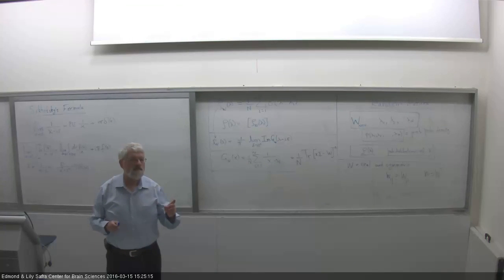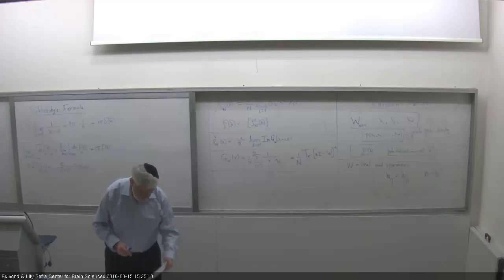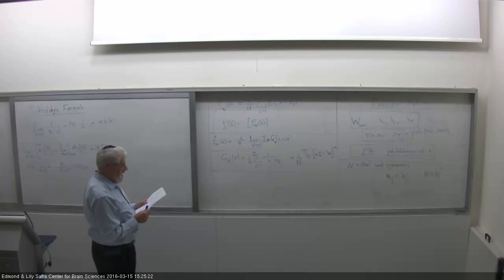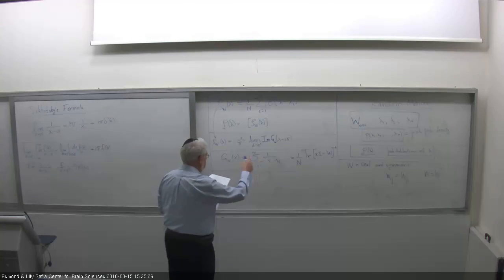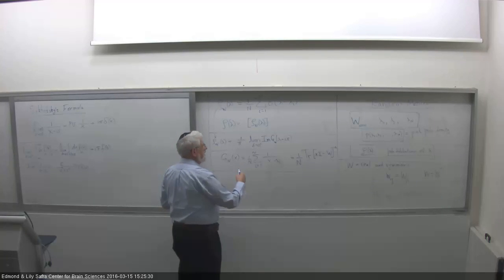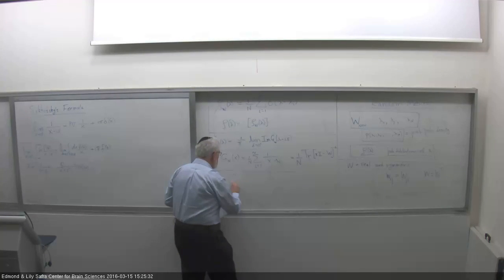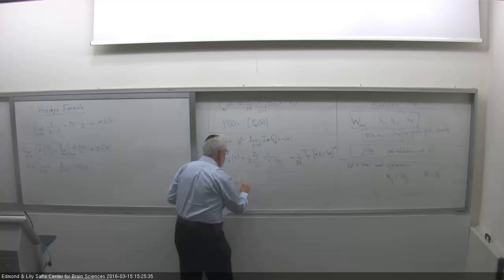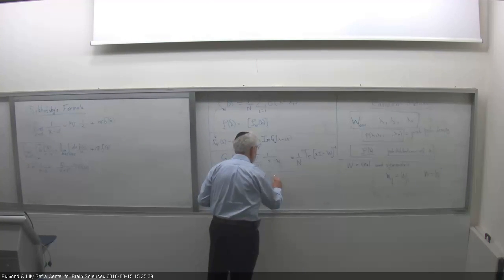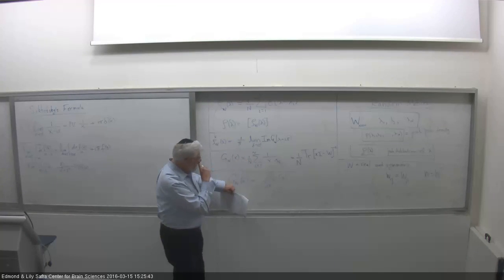More questions? Okay, good. So now we are almost done, because it's more convenient to not use G directly, but to use another function, phi of x, and G will be the derivative of phi.